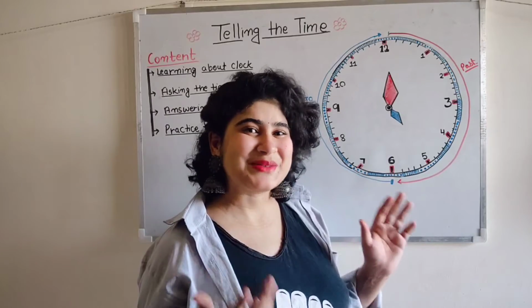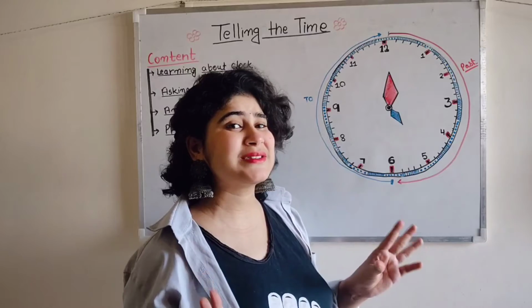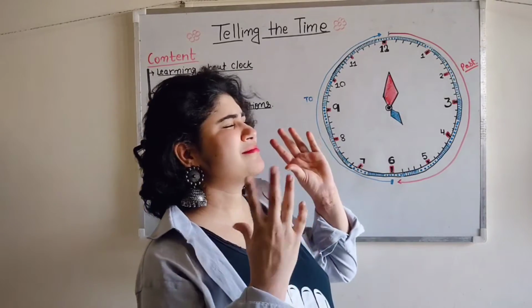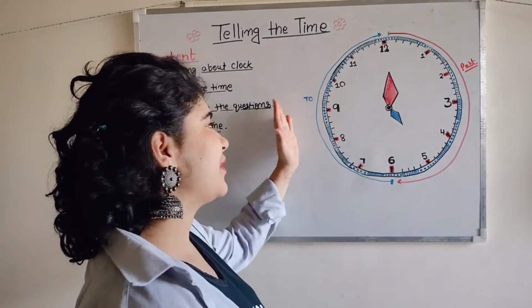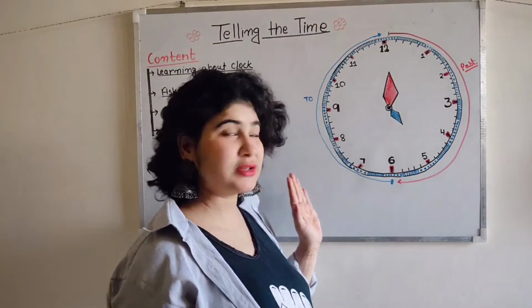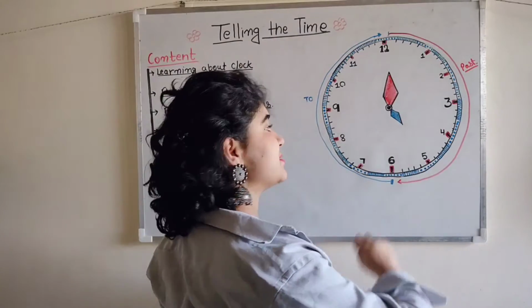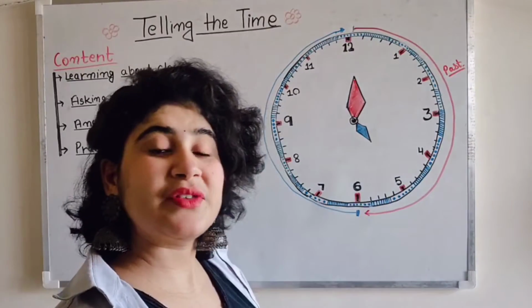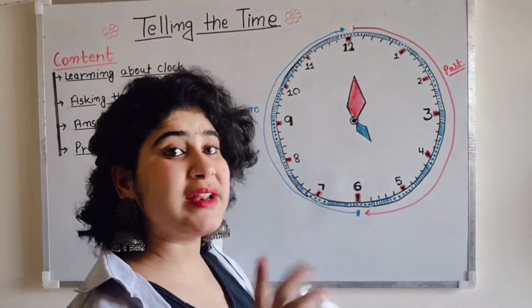I know I'm not really good at drawing, but excuse me for this rough one. I tried my level best to help you with a basic clock. So let's learn about it. We know that this is called a clock. It has two hands, the minute hand and the hour hand. Now we are very familiar with telling the time in the easiest way that we are all comfortable with.